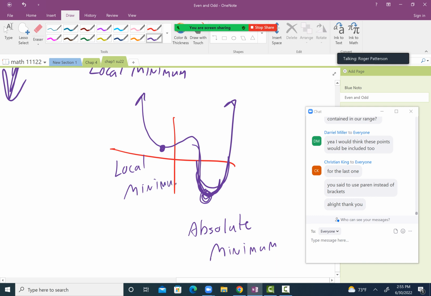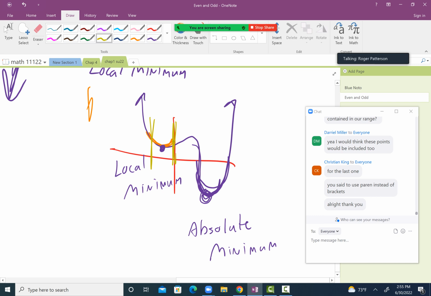Again, that's because it dips down here. So it's a change in direction. It's a turning point, and it's a minimum. But it's only a local minimum. If I look at that particular interval only and not the rest of the graph, then I have a minimum at that point.